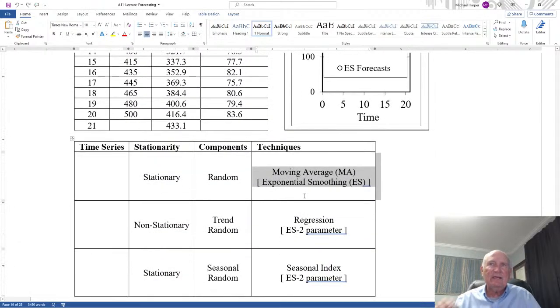So this is the idea of having the wrong technique for the type of time series that you have. So in solving a time series in forecasting, know your time series, know your components, know the stationarity before you start using the techniques, and apply the techniques correctly.